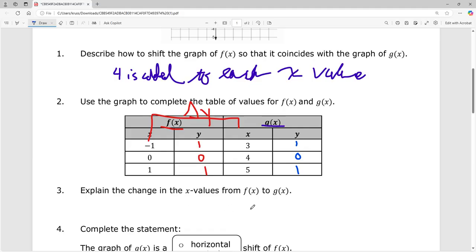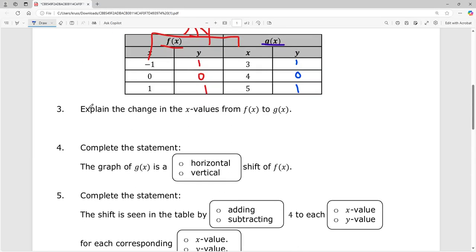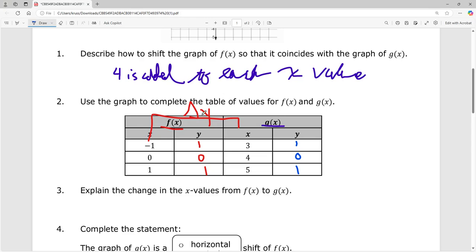So explain the changes in x. We had to add 4 to each x, which is this right here. This is supposed to be a 4. Delta is 4. We had to add 4 to each x, right?